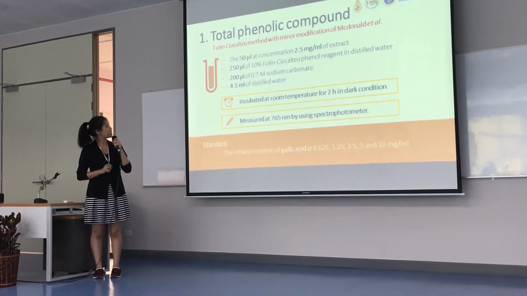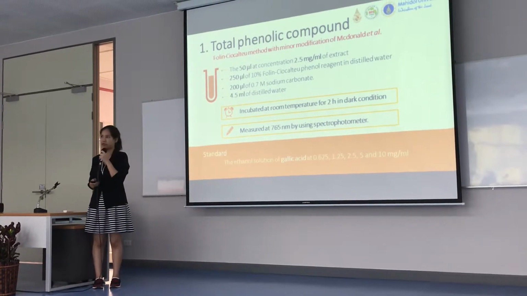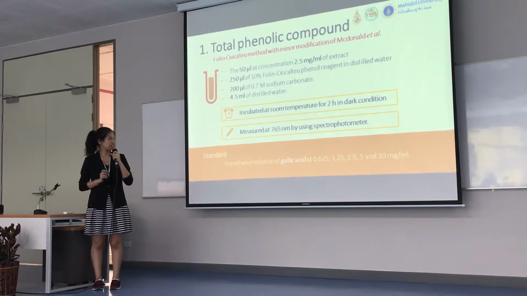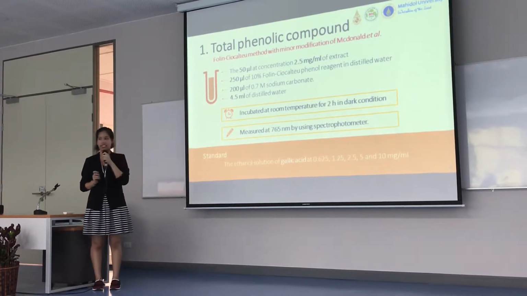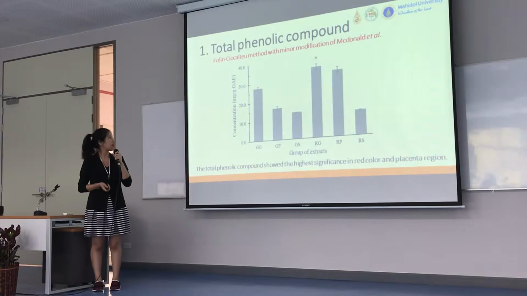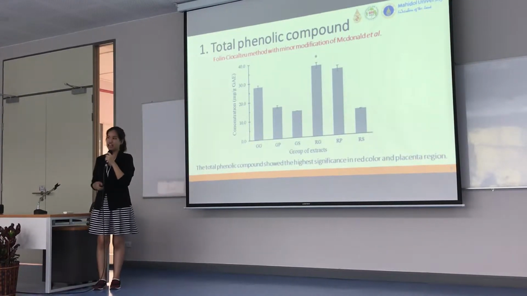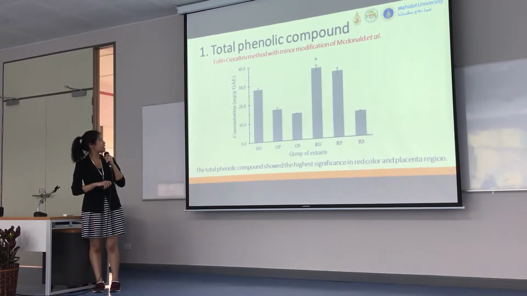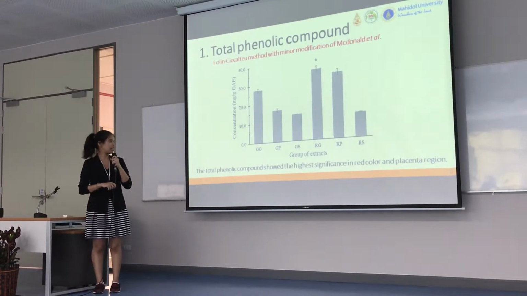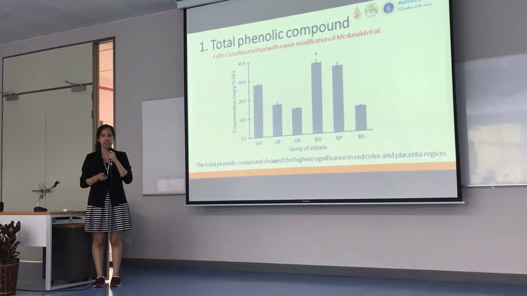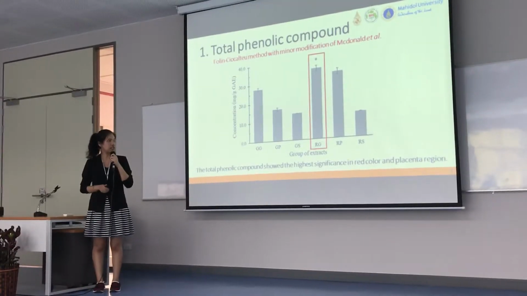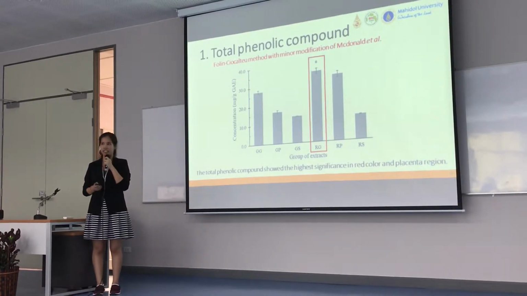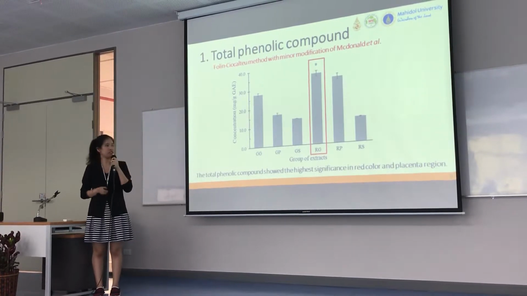After that, we measured the total phenolic compound using a spectrophotometer, with gallic acid as the standard. After calculation and analysis, the result is shown in this graph, which represents the concentration of total phenolic compound in different groups of extracts. The RG group, red color and capsaicin gland part, shows the significantly highest total phenolic compound.